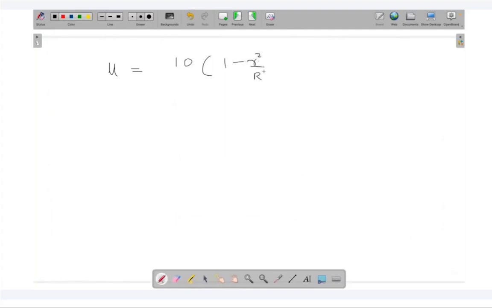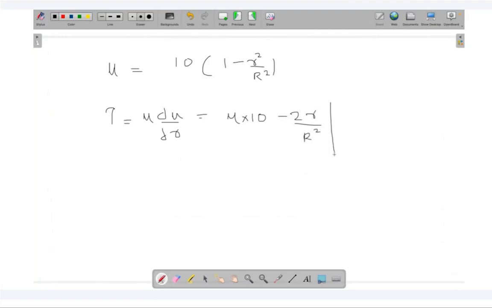My tau will be mu into dou u by dou r. So mu into 10 into minus 2r by capital R square.